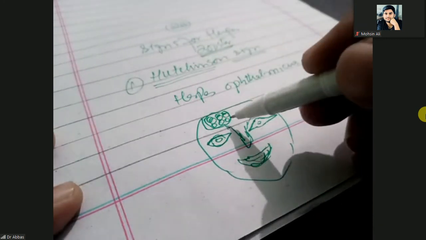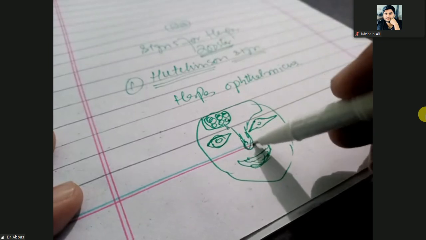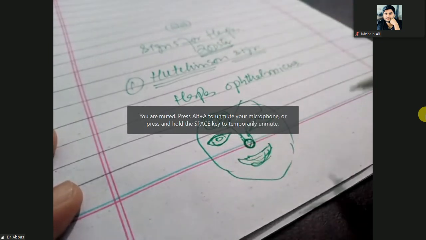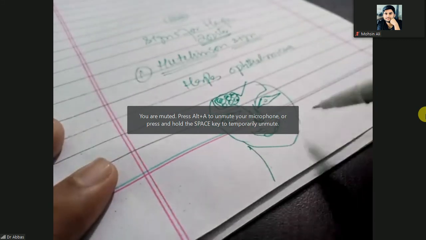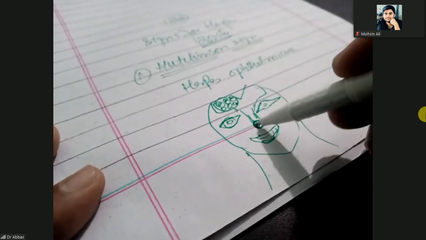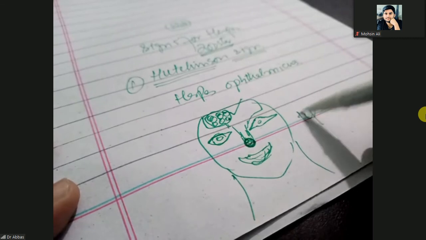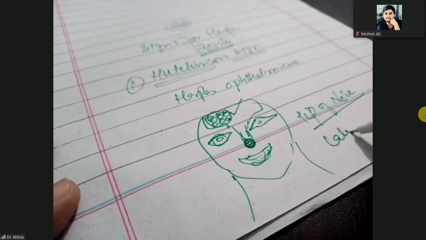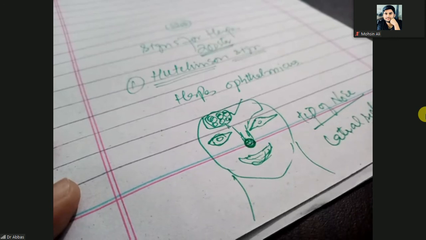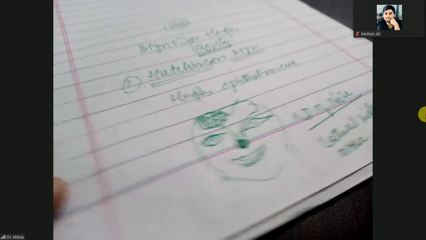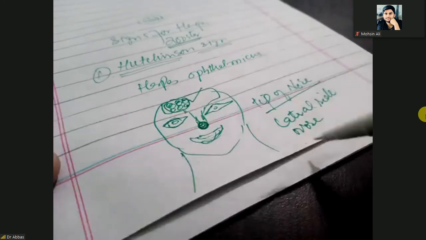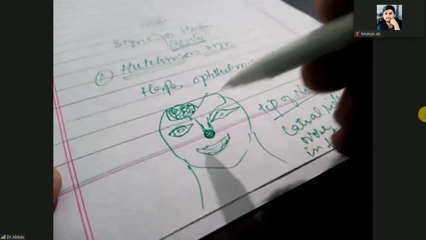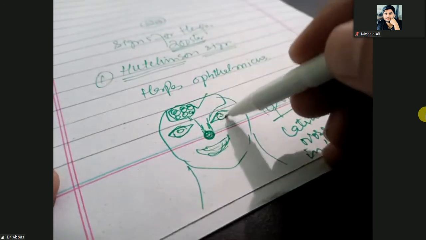If the vesicles are present on the tip of the nose along with the forehead, or on the lateral side of the nose, then you can estimate that in further days these shingles can spread up to the eye.